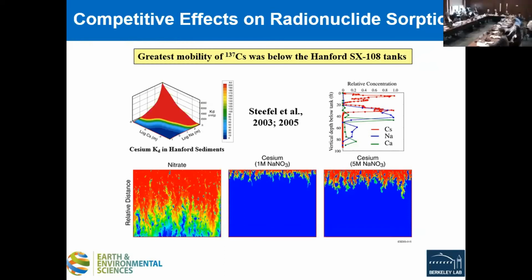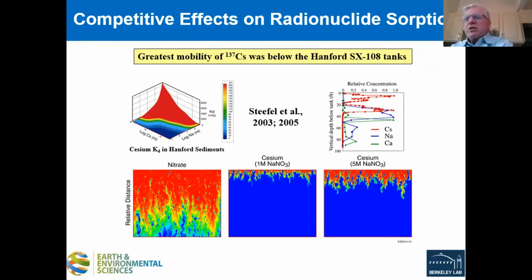And in that upper panel on the right there, you see that it starts to explain why cesium moved as much as 30 feet below the surface, way, way further than was supposed to be with the classical KD models.